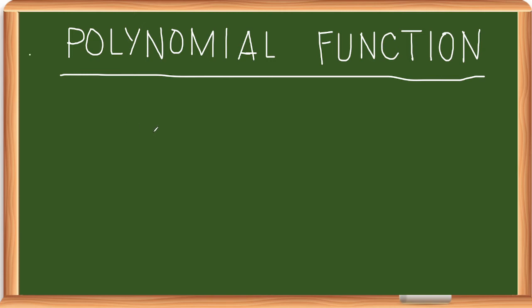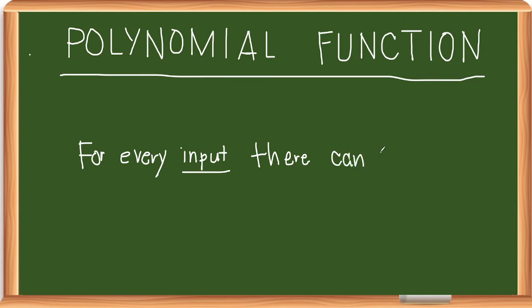In order for you to determine if a certain equation is a function or not, you must always remember that for every input, so this is the general rule, for every input, there can only be one and only one output.